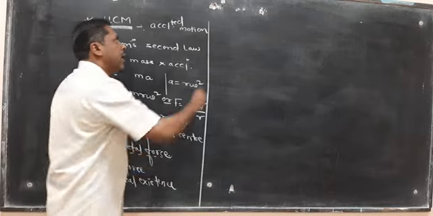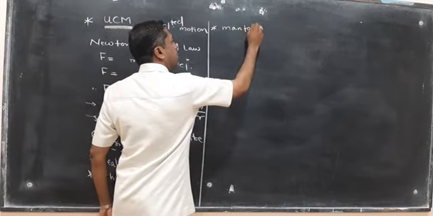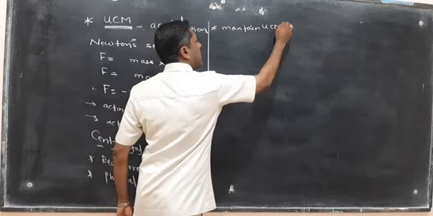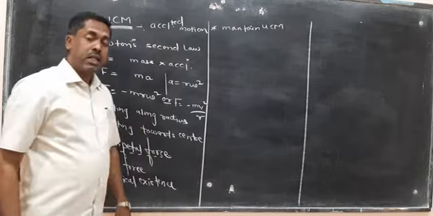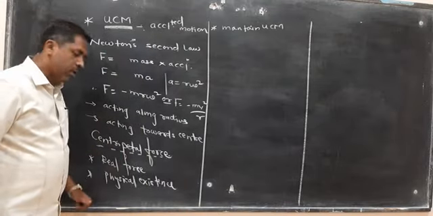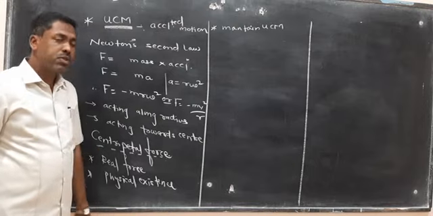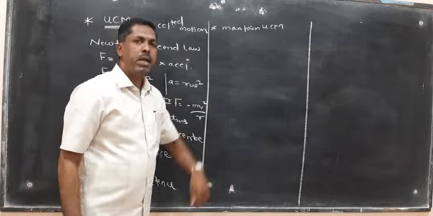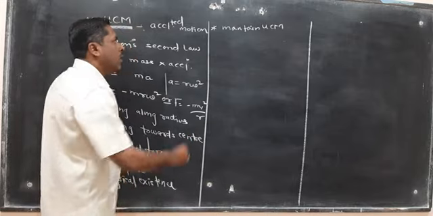Generally, it helps to maintain uniform circular motion. What is the other important point? Centripetal force is a real force, it has physical existence, and it helps to maintain uniform circular motion. Okay.